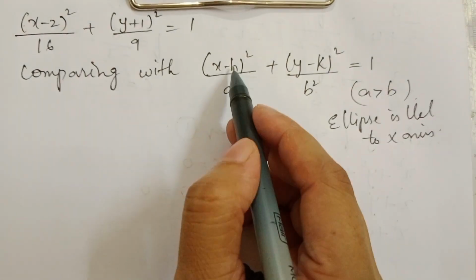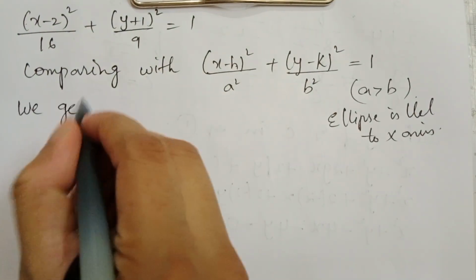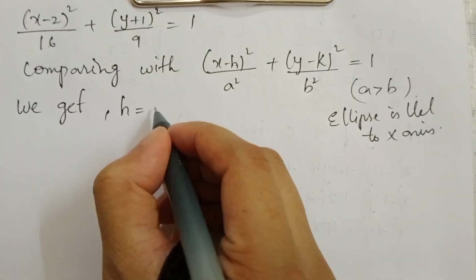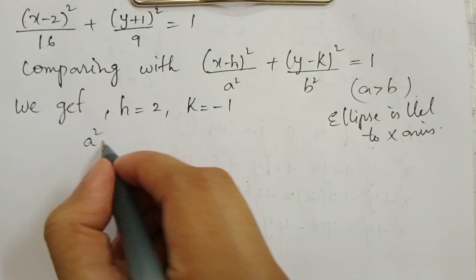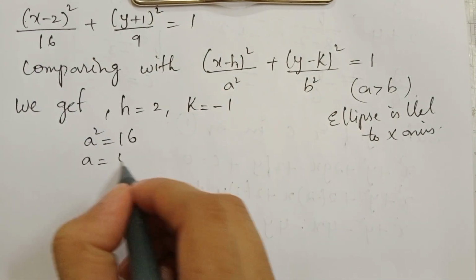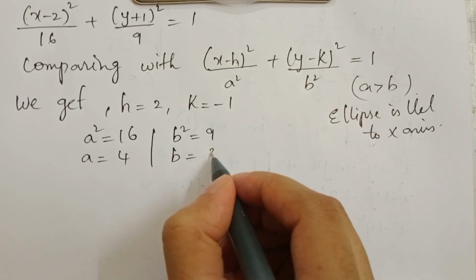Comparing, we'll get h equals 2 and k equals minus 1. From here we get a square equals 16, a equals 4, b square equals 9, b equals 3.